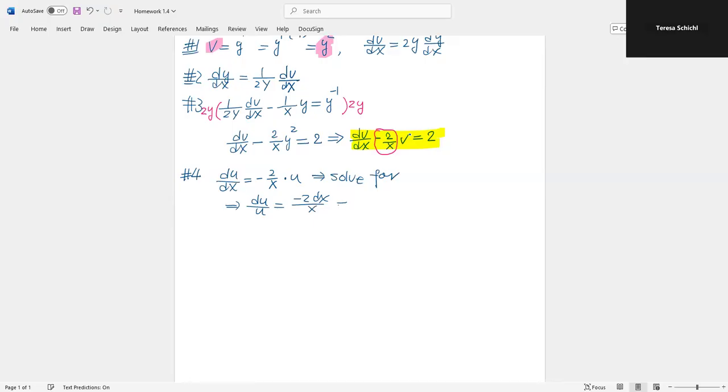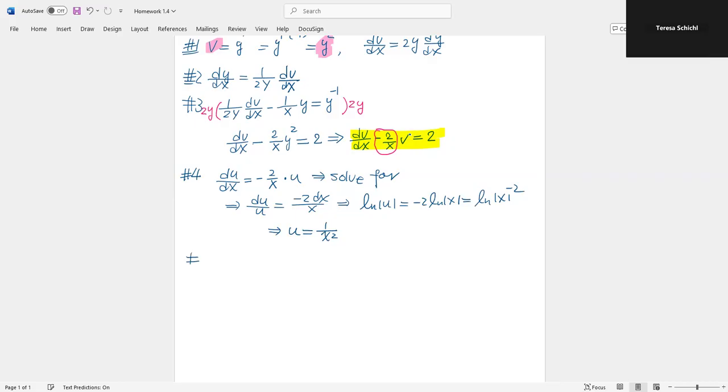And then when you integrate, you will get ln u equal to negative 2 ln x, or you can move this negative 2 in, so this is x to the negative 2. So finally, I get this integration factor: u is equal to 1 over x squared.